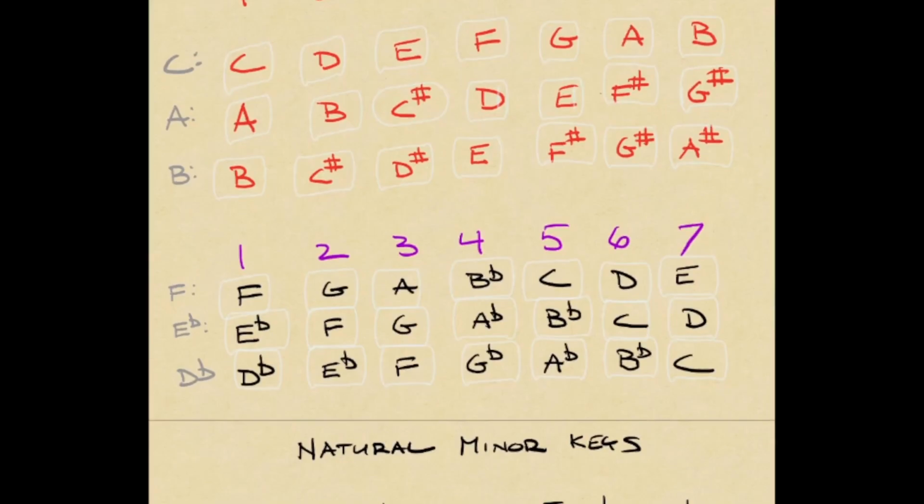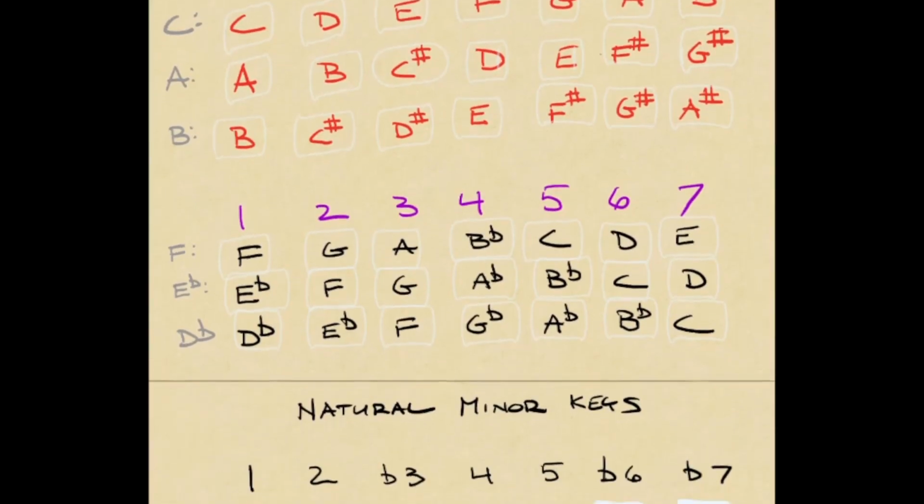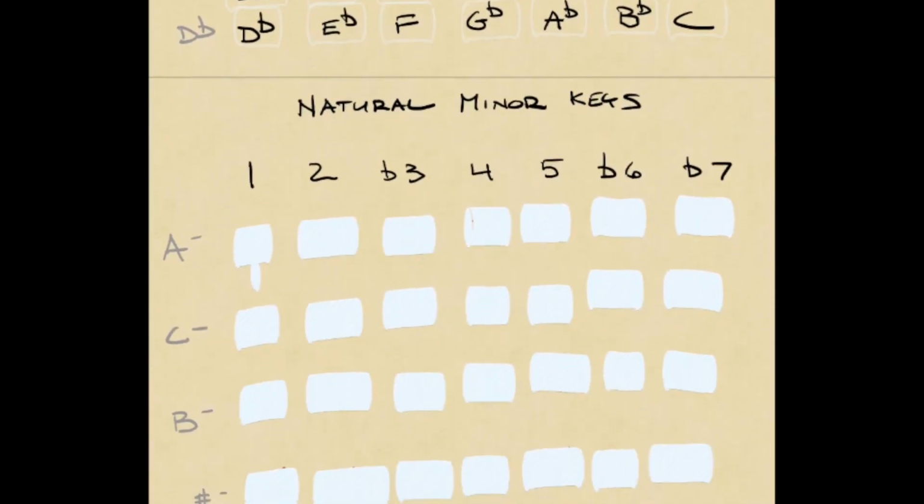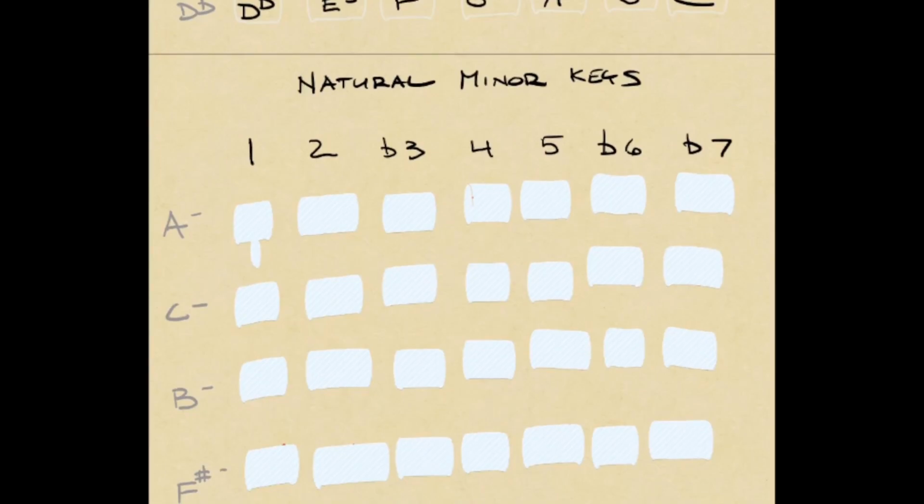I did 6 total, 3 sharp keys and 3 flat keys. Moving on to some minor keys. Now I should preface this because depending on who you are and what kind of music you write and what circles you are in, there are more than one kind of minor keys.